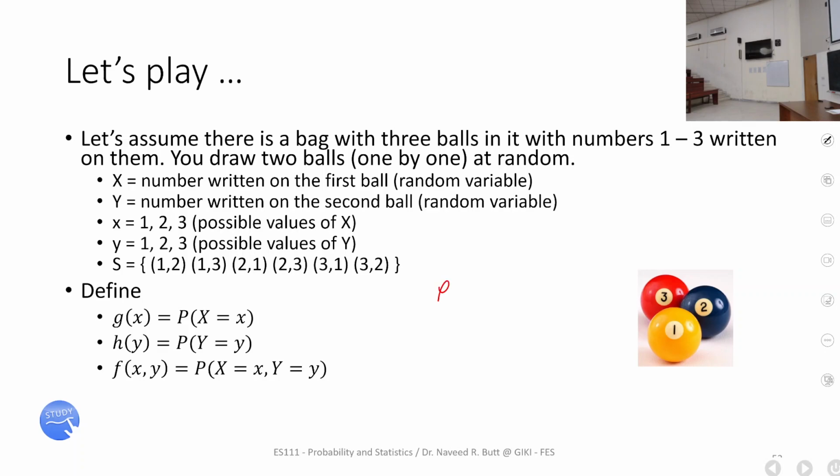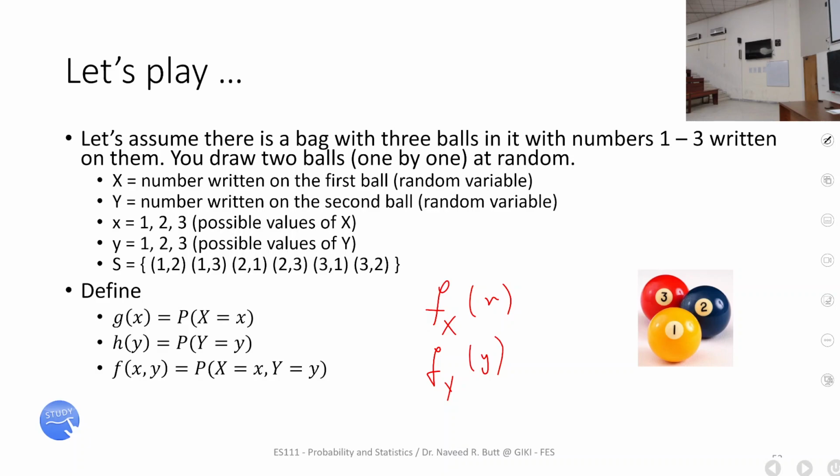You could write those as fx(x) and fy(y), but it's very common to use a different notation, so it's fine. Anyway, this is gx and this is hy.